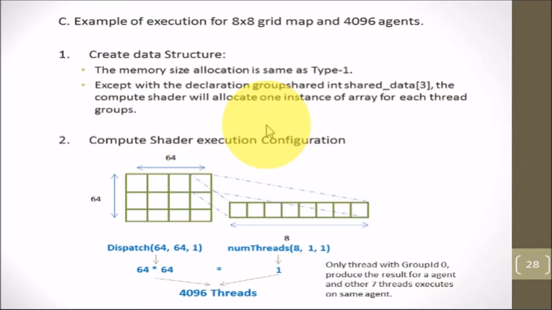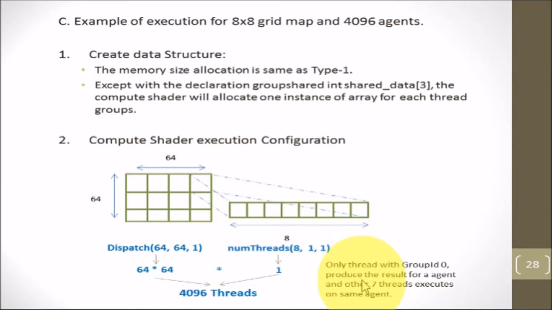Now the compute shader execution configuration is a little bit different than type 1 here. This is because in this approach we are allocating more than one thread for processing of a particular agent. So we are allocating 8 threads for processing of one agent for pathfinding. So in this case each thread group will have only 8 threads.